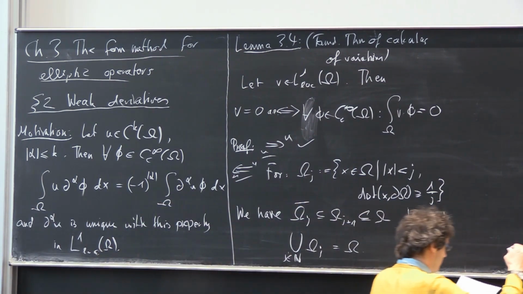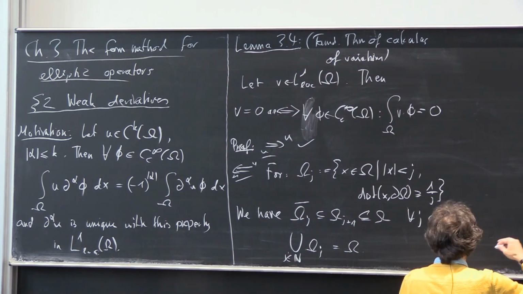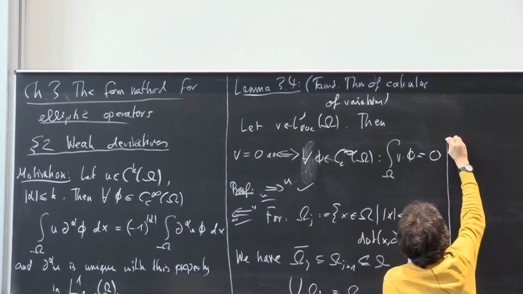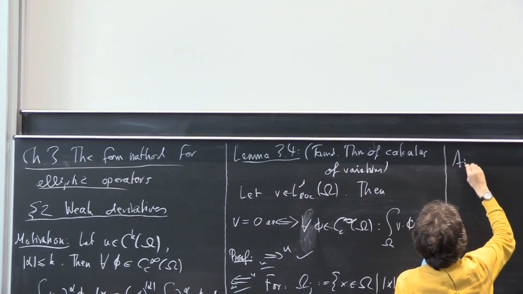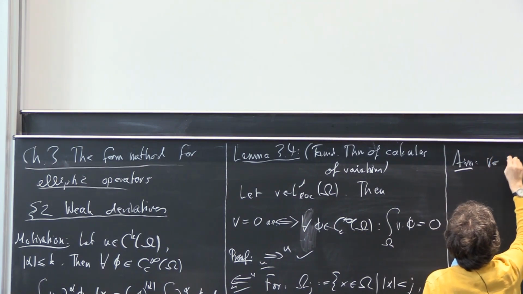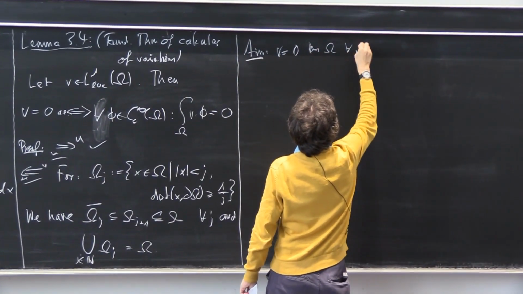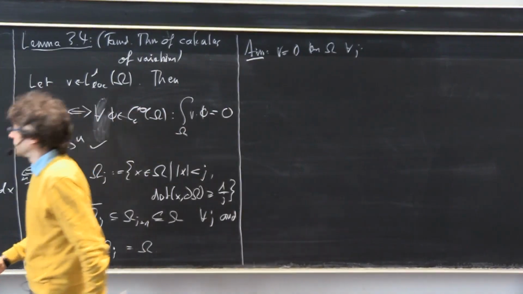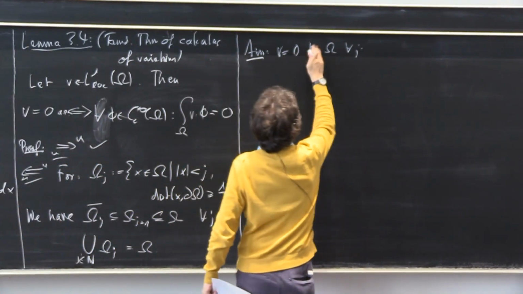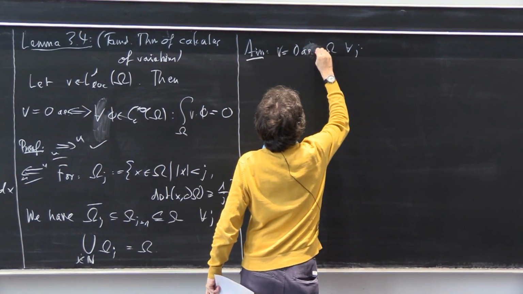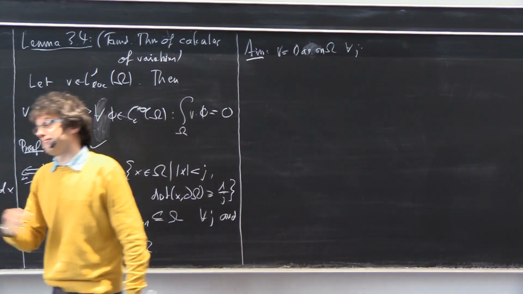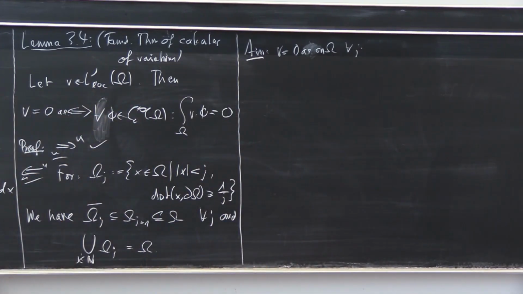It's an open set. Okay, and now the aim of the proof is to show that v is 0 on omega j for all j. Once you have that, so v is 0 almost everywhere on omega j for all j, you take the union of the null sets corresponding to omega j, and you get v is 0 almost everywhere on omega.